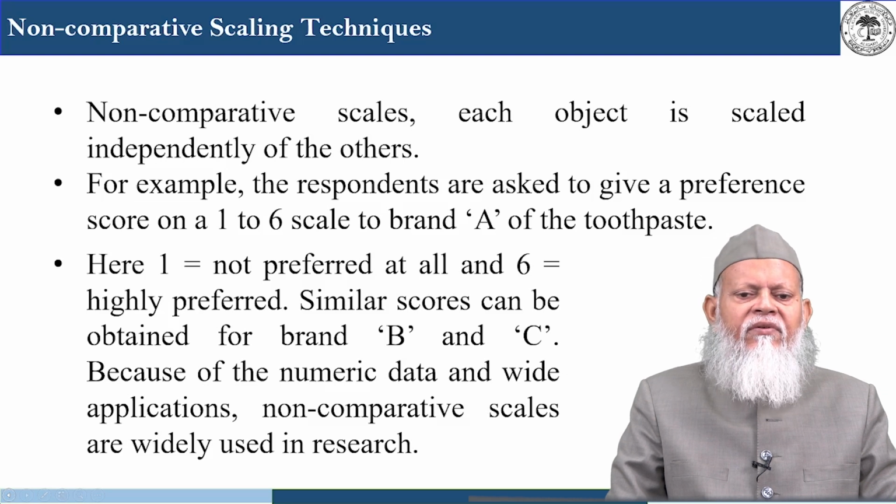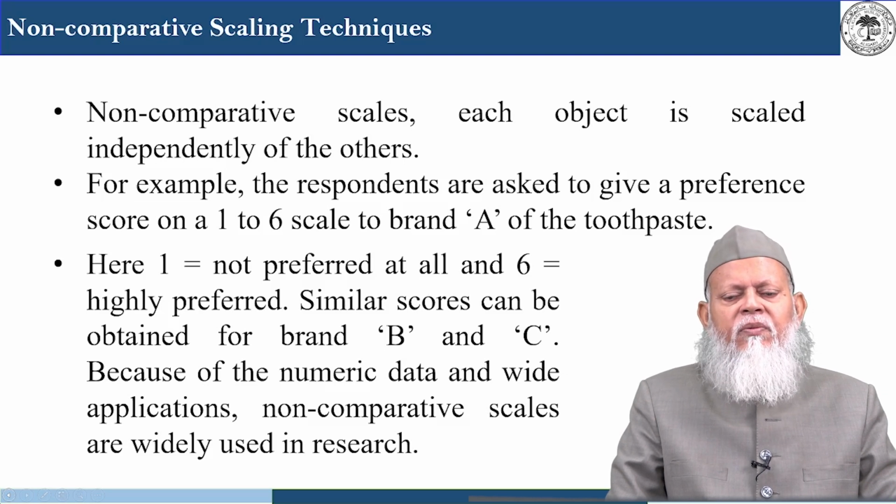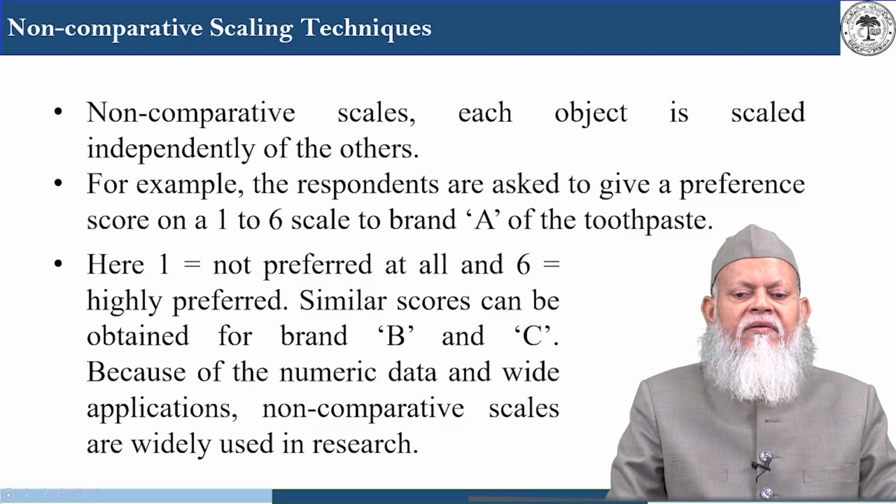For example, if the respondents are asked to give a preference score on a 1 to 6 scale to brand A of the toothpaste, here 1 is not preferred at all and 6 is highly preferred.